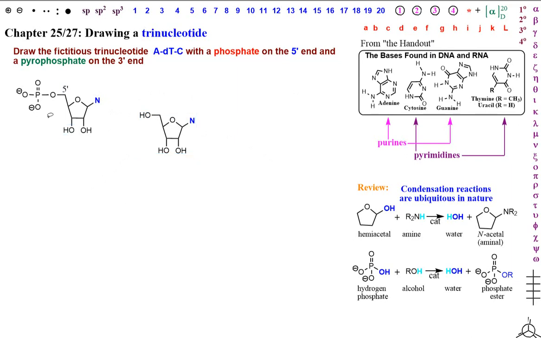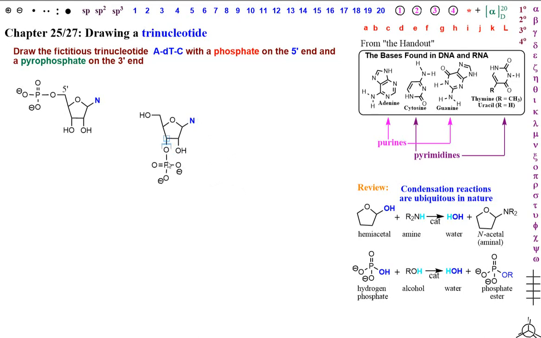There will always be a phosphate connecting carbon 3. So this oxygen here will be a phosphate. 3' phosphate. It's a phosphodiester that links it up to another ribose.